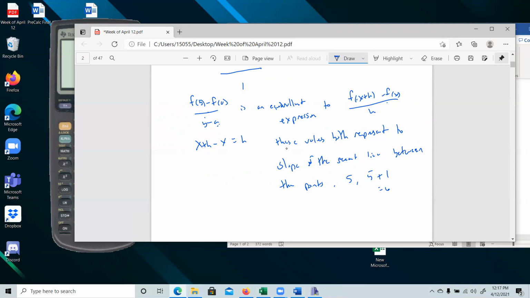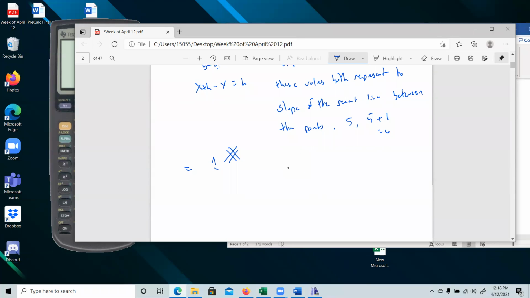By the way, if you come up with an answer at the end, and your answer is 1, you've done something terribly and tragically wrong. Because what we're looking for is the slope of the secant line, and what you're saying to me is that this function always has a slope of 1.